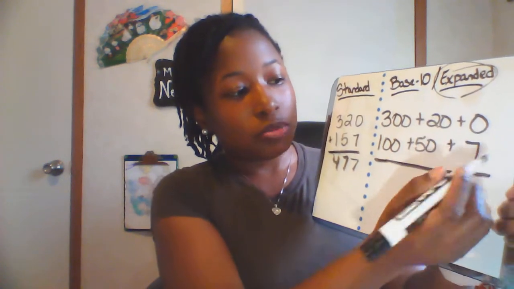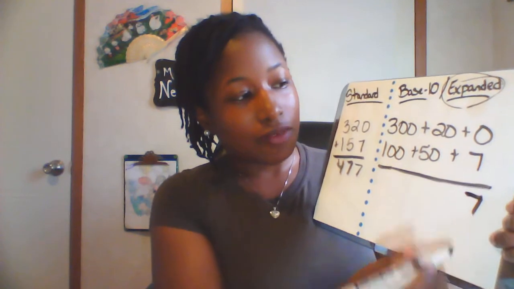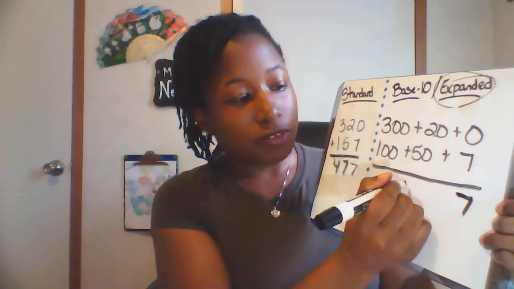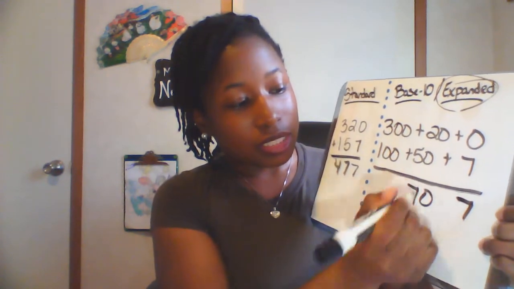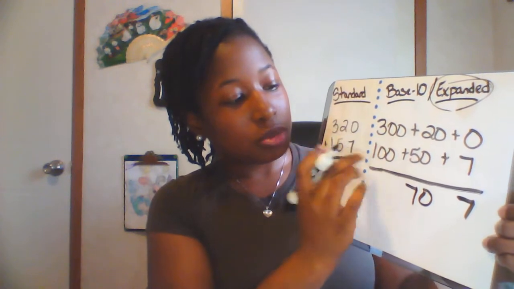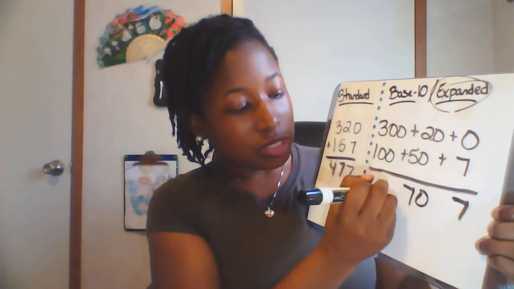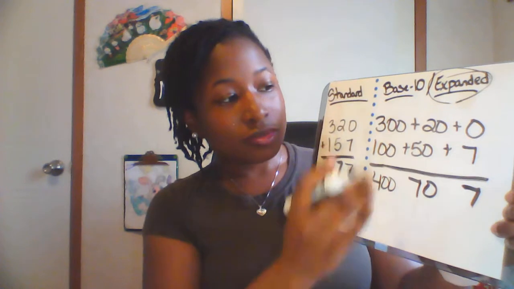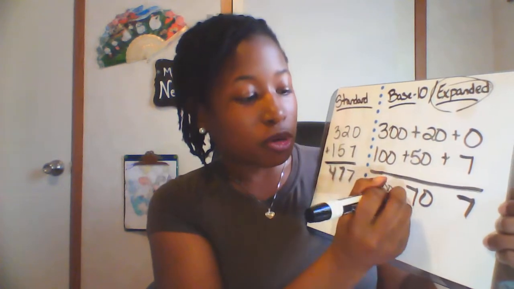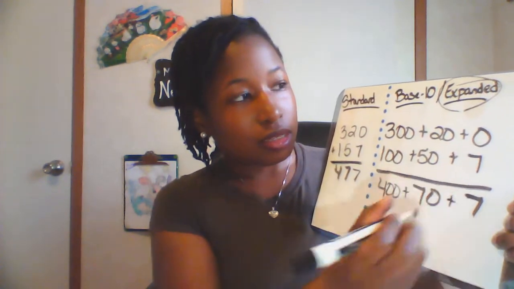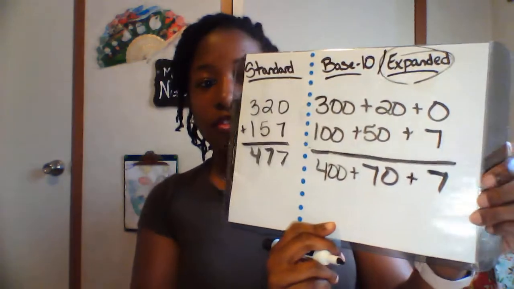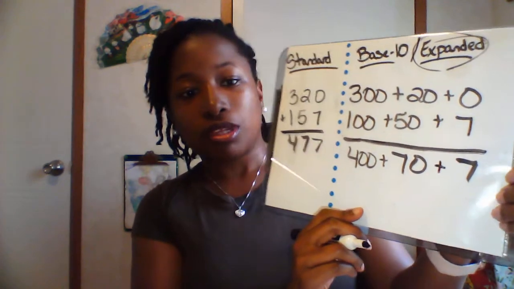So 0 plus 7 is 7. 20 plus 50 gives us 70. 300 plus 100 gives us 400. And then if we format it in expanded form, that's what our answer ends up looking like.